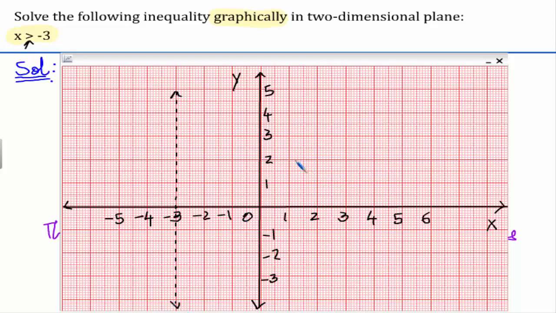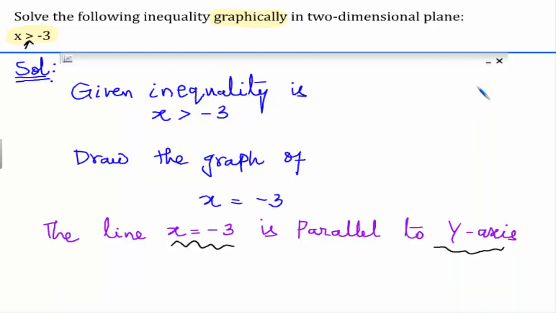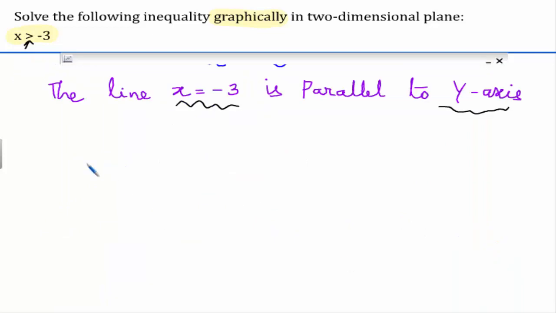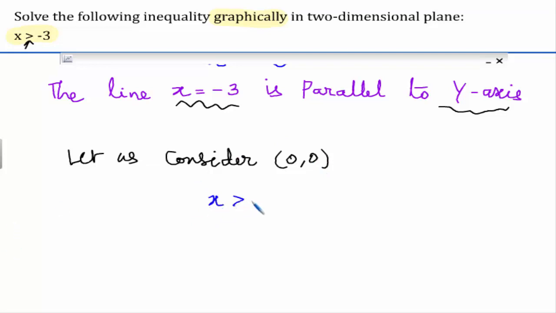Now we have to select the region which represents the given inequality. So let us consider the point origin and substitute into the inequality. Inequality is x greater than minus 3. So therefore we get 0 greater than minus 3, which is a true statement. So that means the region should be towards the origin.